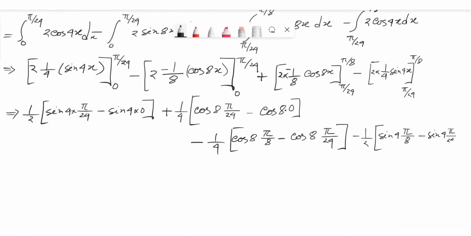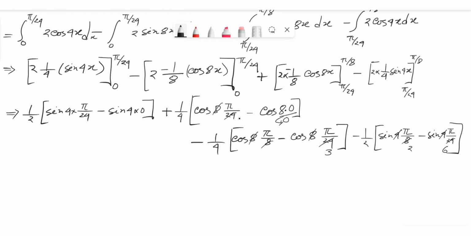pi by 24. Okay, so from here we'll have cos pi, from here we have cos pi by 3, from here it will give us sine pi by 2, from here sine pi by 6, and from here it will give us 0.